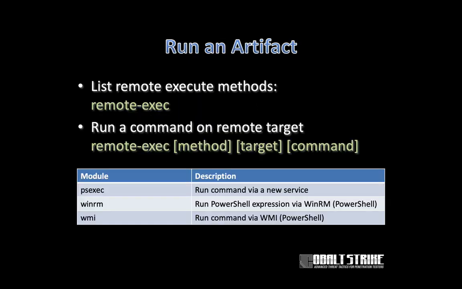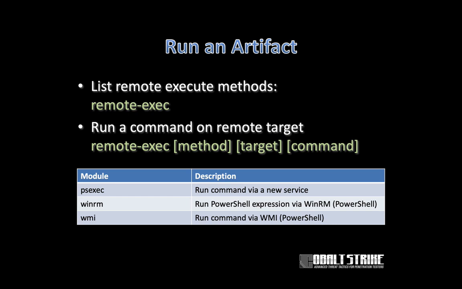How do you run an artifact? Well, in the past, I would have told you to take advantage of one of the commands built into Windows and use those. You can still do that, but I also recommend you take a look at remote exec. Remote exec is a command in beacon to run a command on a remote target with a method.